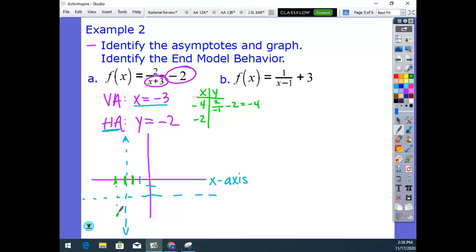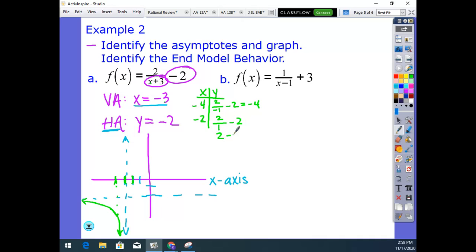So what happens is I can't cross, as I go to the left, it's getting closer to my horizontal asymptote, and I can't cross the vertical asymptote. So it is in this little corner right here. Now I'm going to plug in -2 in for my x. I get 2 over -2 plus 3 is +1 minus 2.